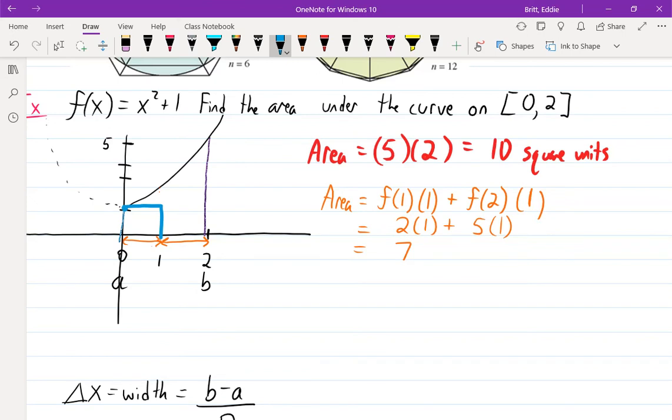Then if I started at the next number to get my second rectangle, I plug in f of 1, and I would get out a 2, and that would give me 2 rectangles under the curve. That's if I started at the left end point and I wanted n to equal 2. I'll go over this again, but I just want to show you what I'm talking about. Now, if I was to use the right end point to make my 2 rectangles, I started at f of 2.